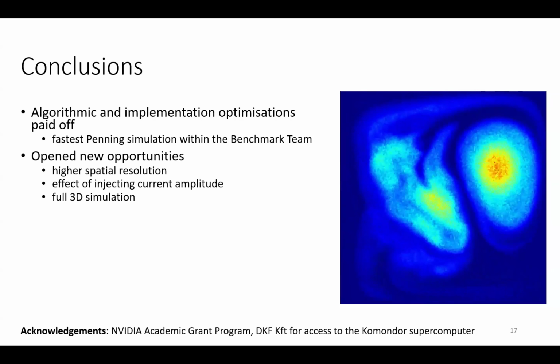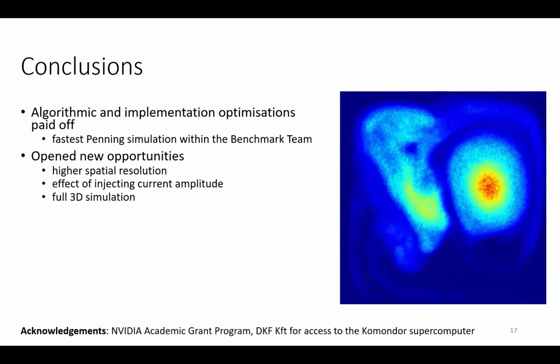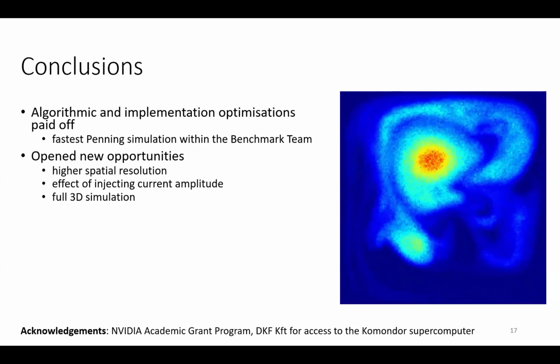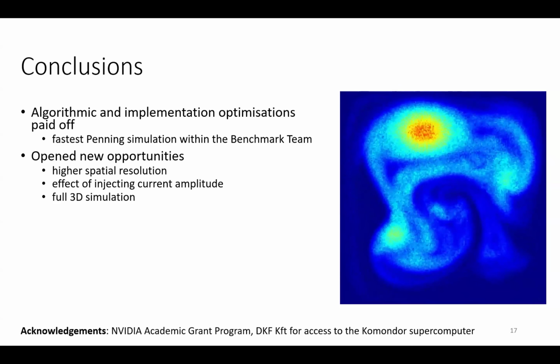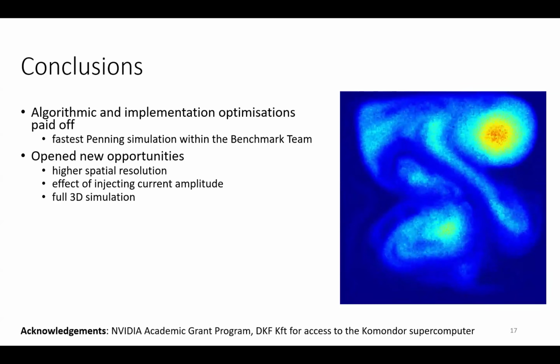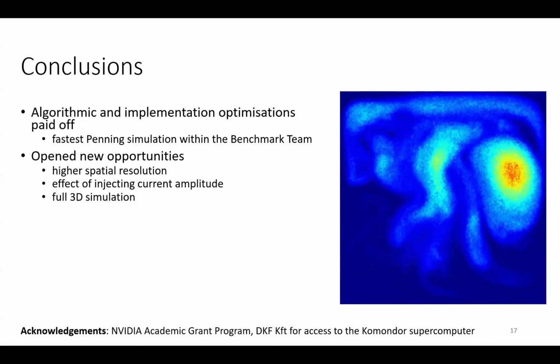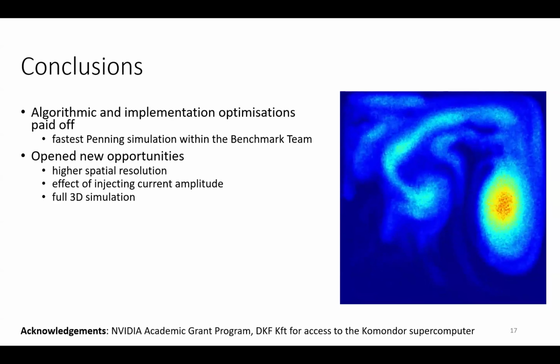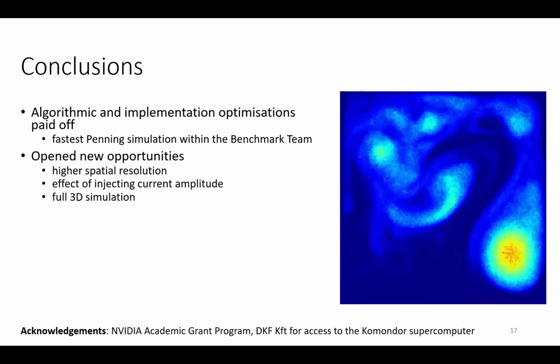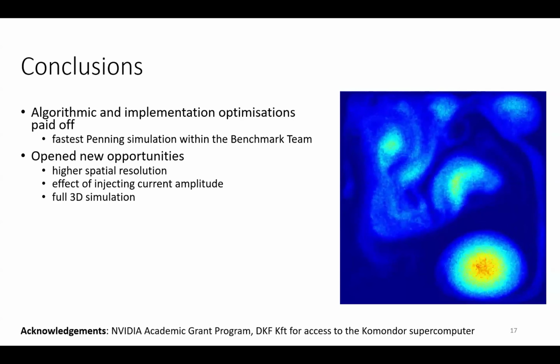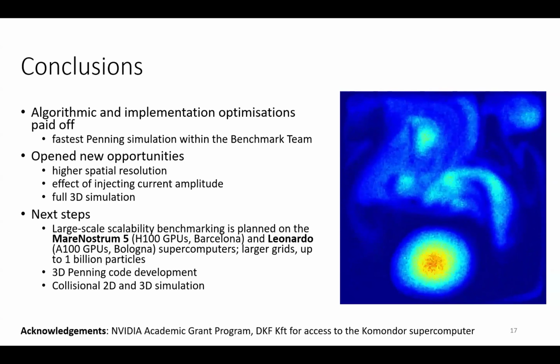And there are many new opportunities because of the decreased, shorter execution time. There's a lot more space now for experimentation, changing different parameters, doing different physics. And the big goal is 3D, full 3D simulation.